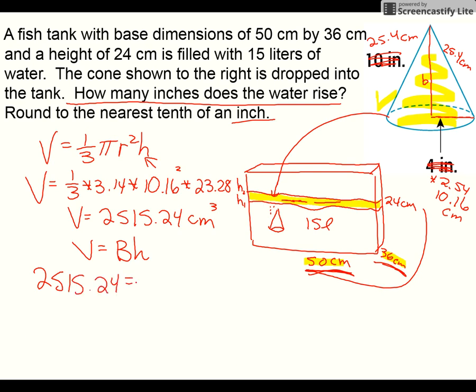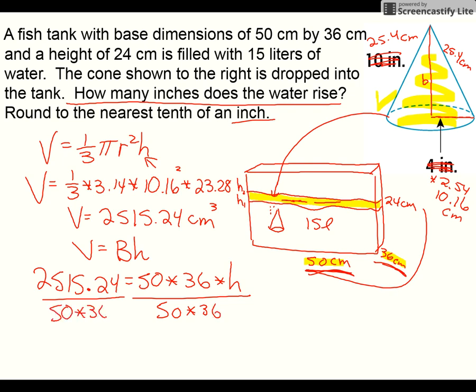The base area is 50 times 36 of the tank, times the height. Then you want to take both sides and divide both sides by the 50 times 36. And we get a height of 1.397.